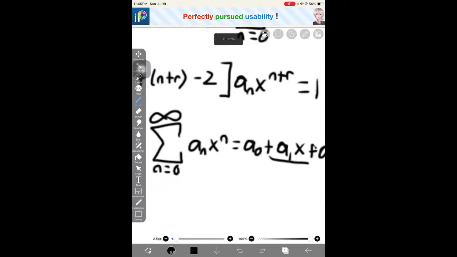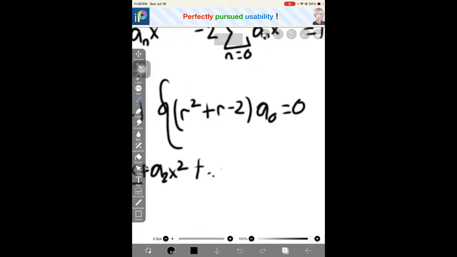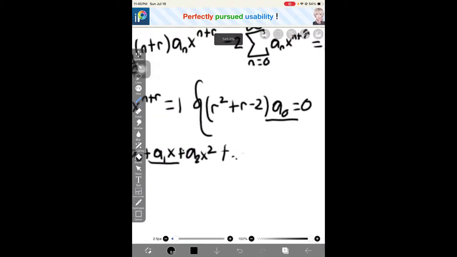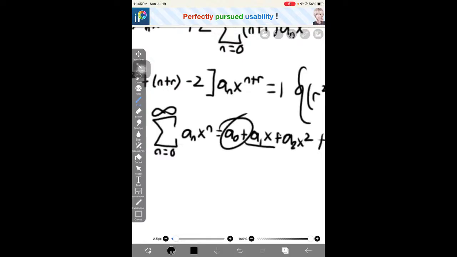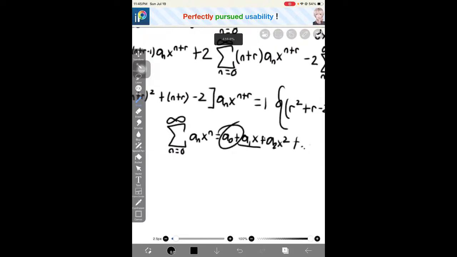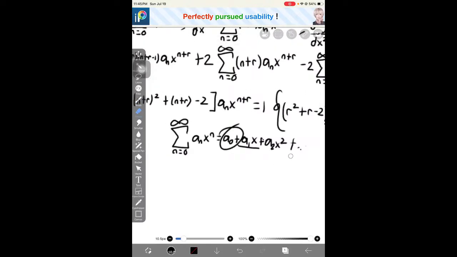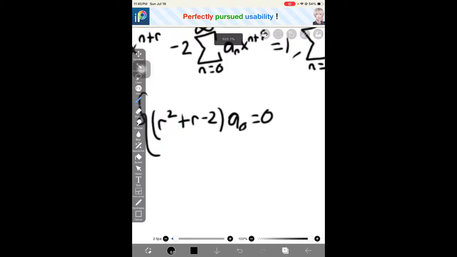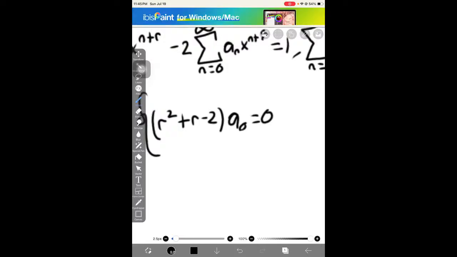But here, in our initial equation, we are involving a sub o. And where does a sub o come from? The first term of the power series. So we can't just equate the initial equation to 1 because they do not share the same coefficient in the standard power series.